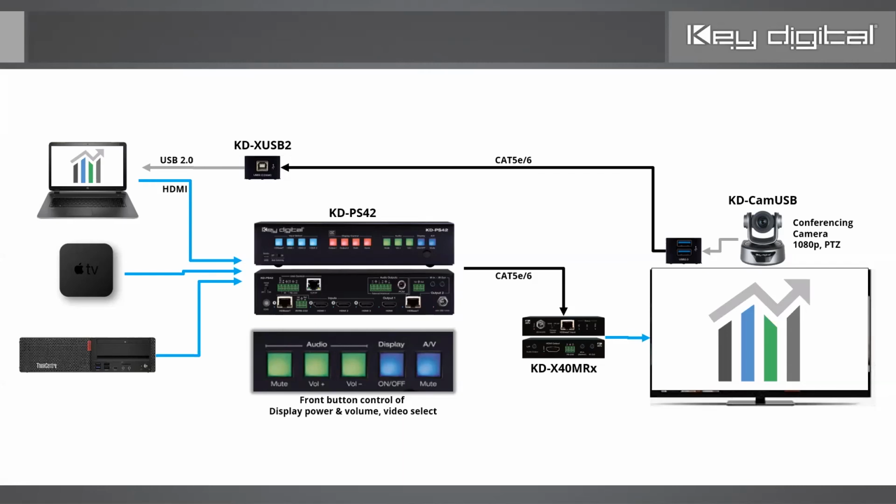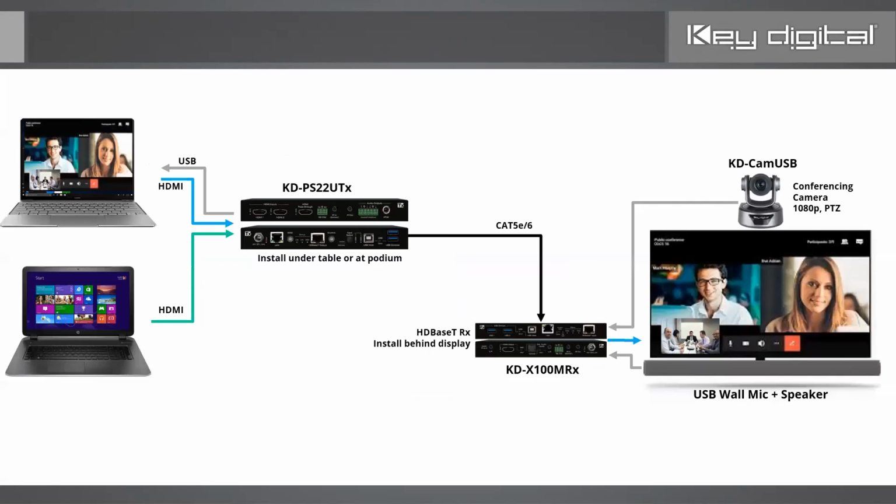So this could be something by a desk or a lectern, where somebody's doing a presentation from, and be able to run back out Cat 6 to our 40 MRX and plug right into the display itself. And we mentioned it before, all these drawings are available. Sometimes I know it's a visual, sometimes it's just wording.